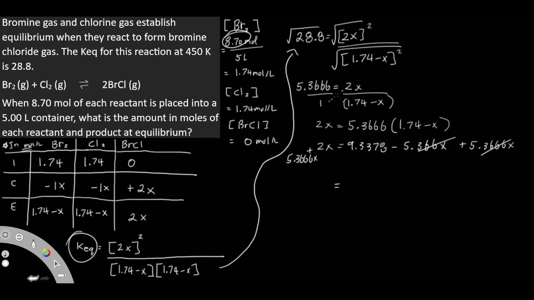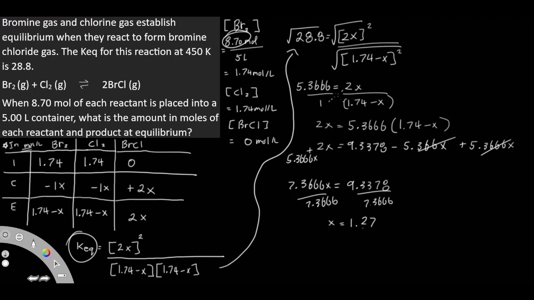And then you end up just getting 7.3666x is equal to 9.3378. Obviously we want to divide this so that we end up just getting our x. Your x ends up becoming 1.27, if we were to round it to 2 decimal places.